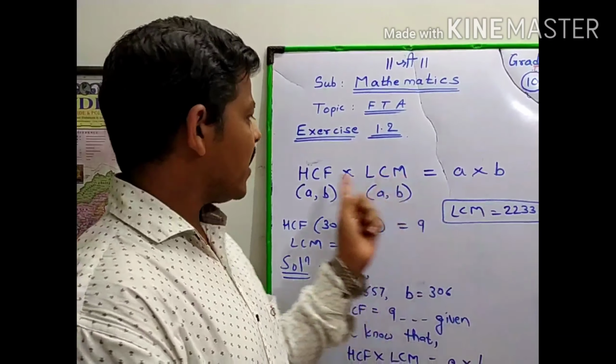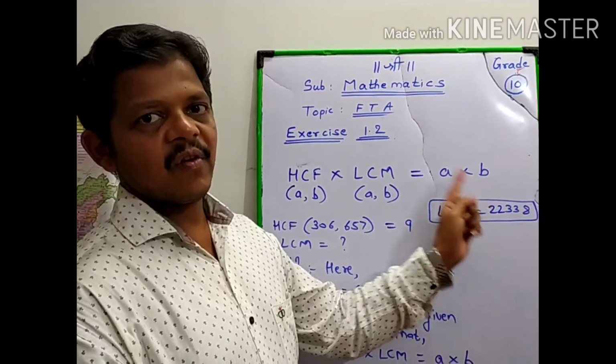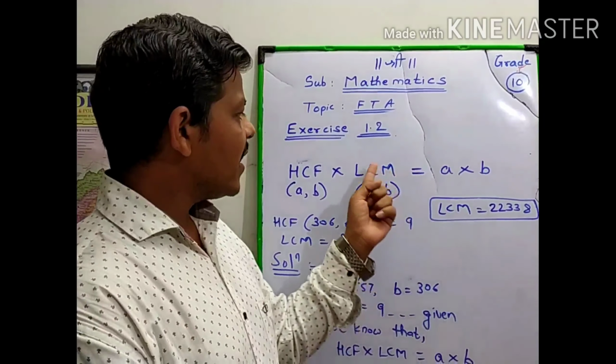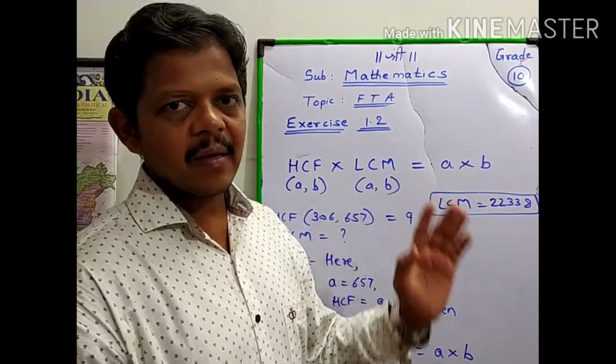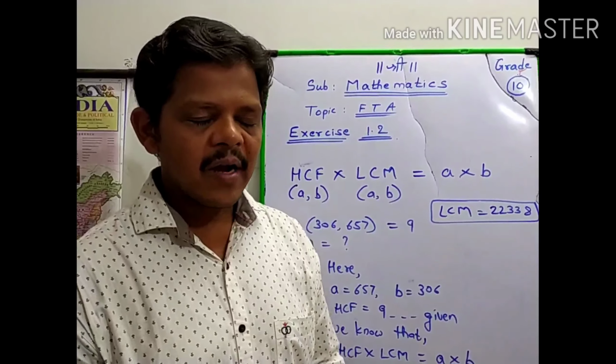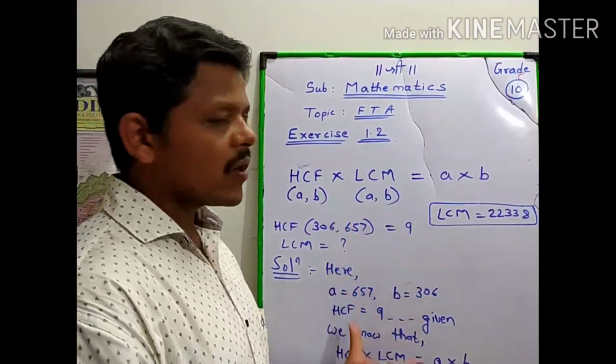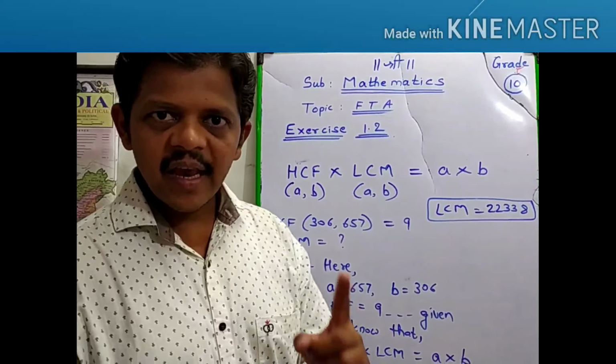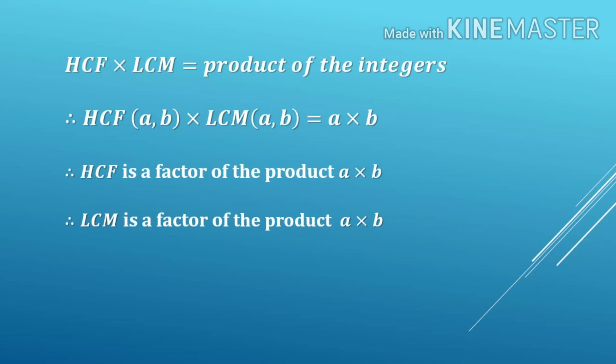A into B can be divided by HCF, or A into B can be divided by LCM. We'll talk about this later on. But this is one very important relation: HCF into LCM is equal to the product of the 2 integers.